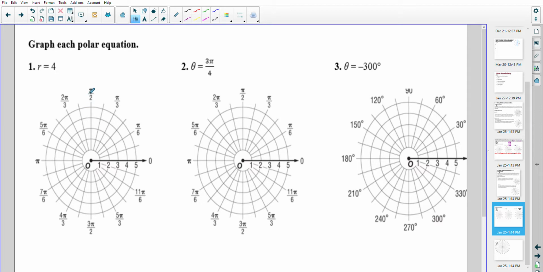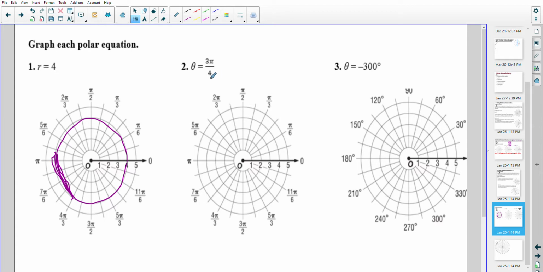So for example, if I want to plot r equals 4, that means I'm going to go 1, 2, 3, 4 units away, and every angle along here is going to satisfy that length of 4 units. And so this is going to be a perfect circle where the length is 4.